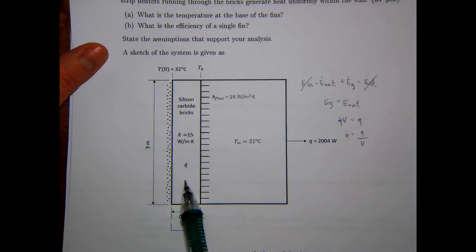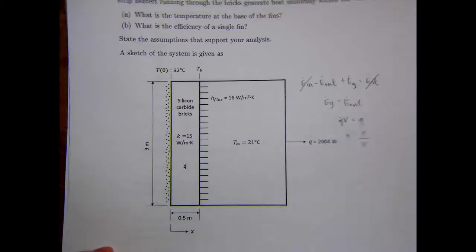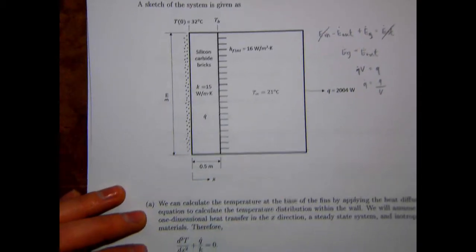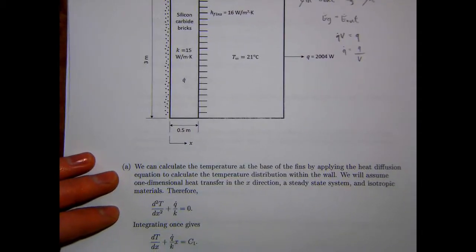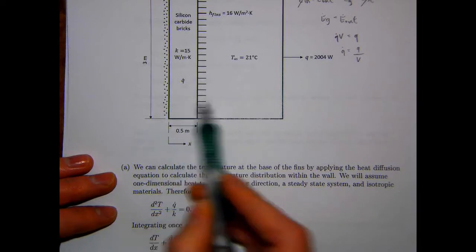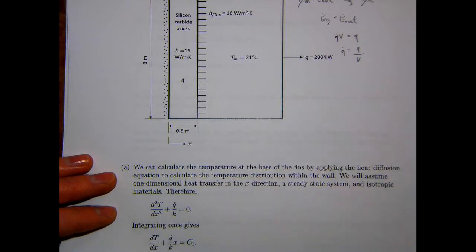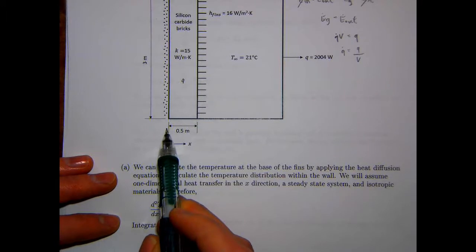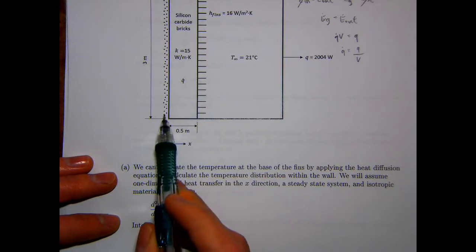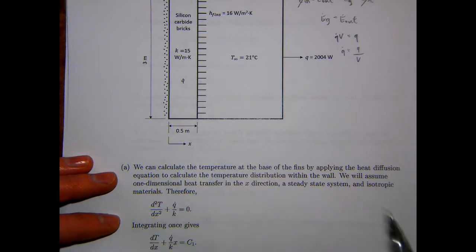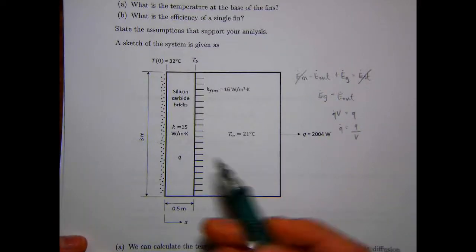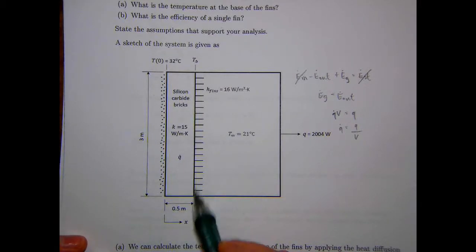Starting with the general form of the heat diffusion equation, you can assume that heat transfer is one-dimensional, isotropic materials, steady state. Then it reduces to this form of the heat diffusion equation, which you integrate twice and apply the boundary conditions, insulated and constant temperature on the left-hand side, to get the temperature distribution. Once you do that, you can just plug in 0.5 to know the temperature at the base of the fins.